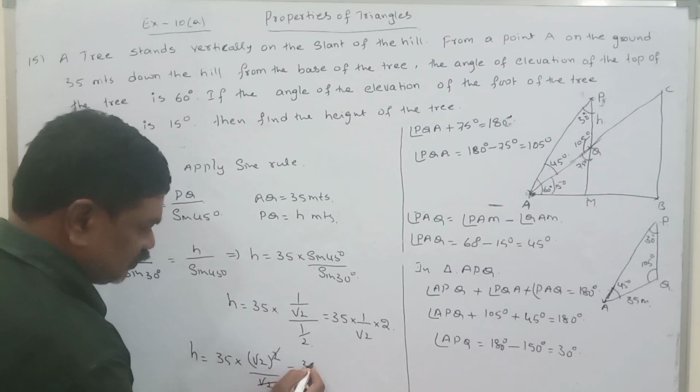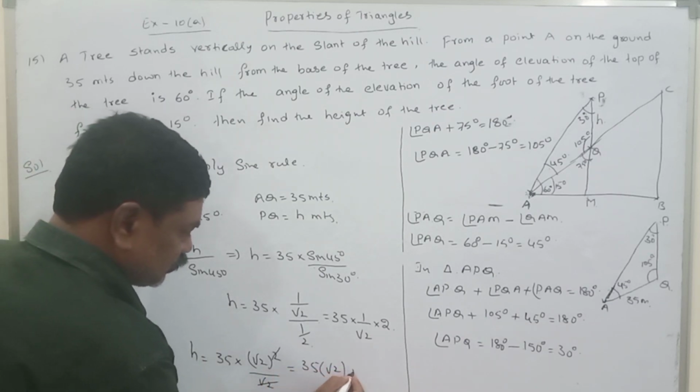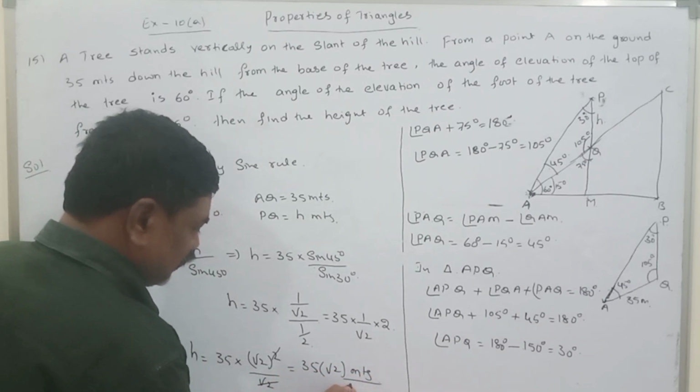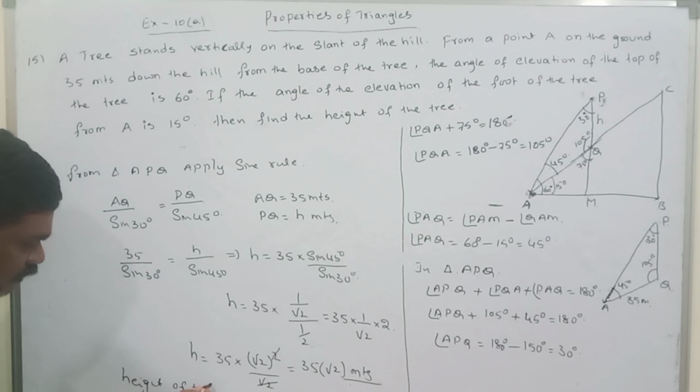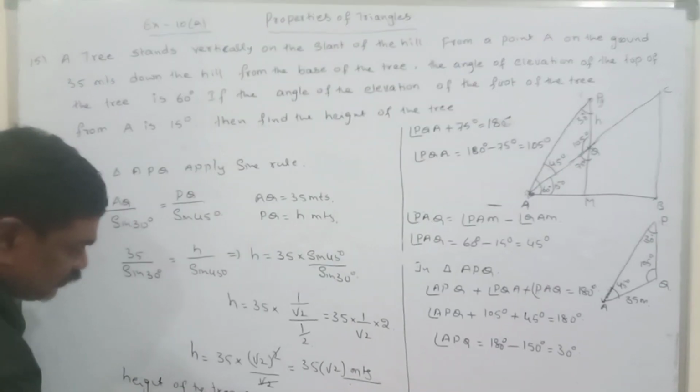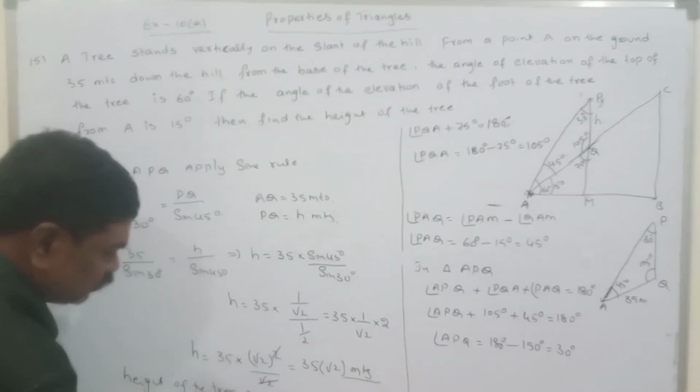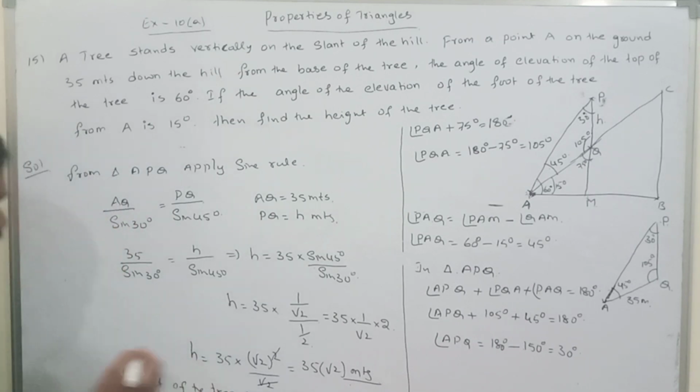Root 2 cancels. 35 root 2 meters. Therefore, the height of the tree is 35 root 2 meters. This is the conclusion of the problem.